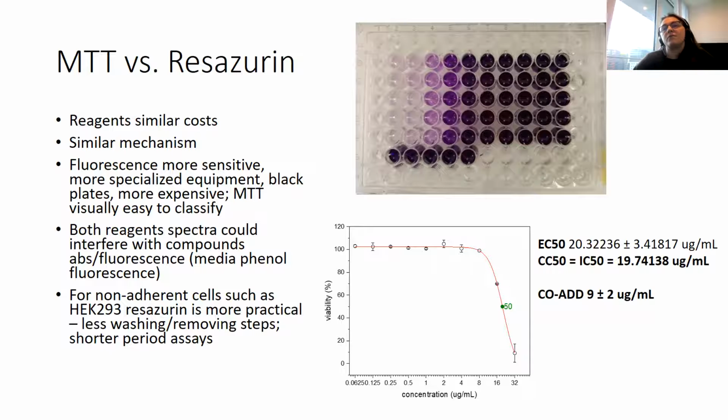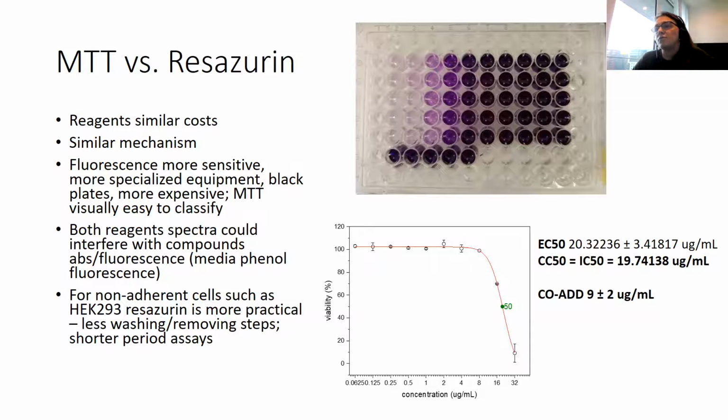So from that point of view, probably resazurin is a more practical way to do it, and the standard deviation and generally the variability of the data would be less, because you also have less washing and removing of reagents and adding things, which is fine for shorter period assays like this, but it's probably not suitable for longer term if that was something you were interested in.